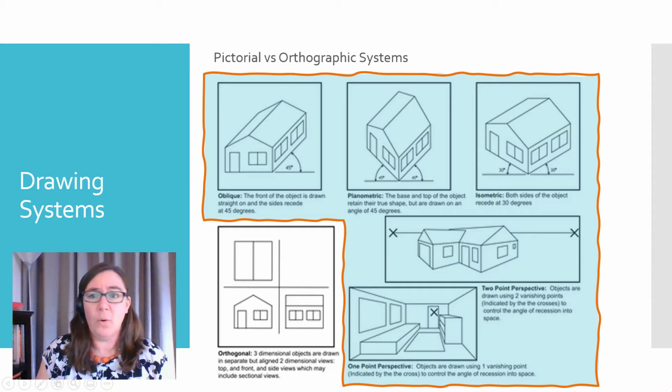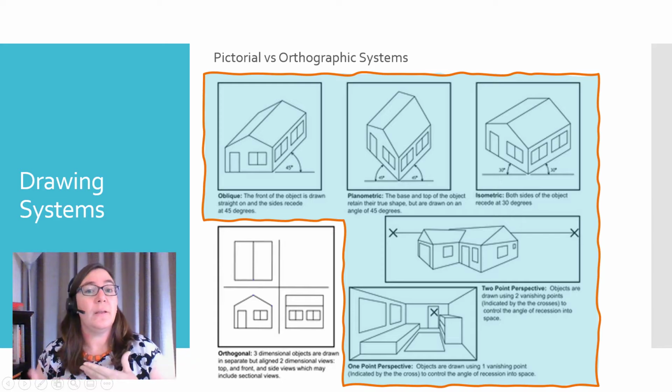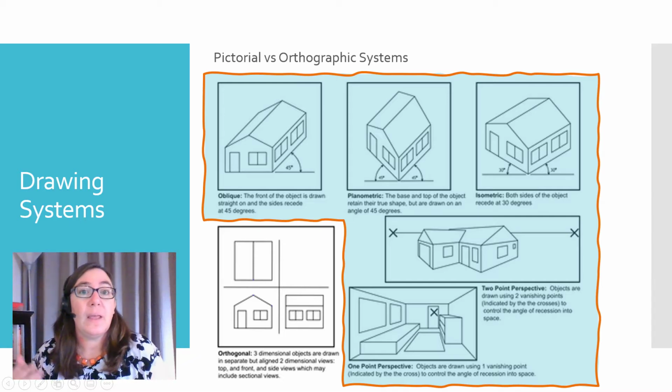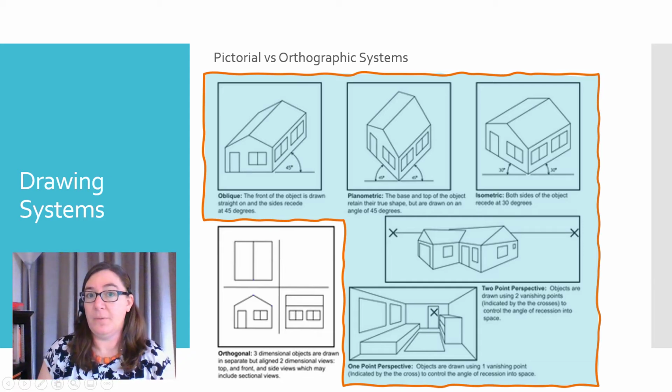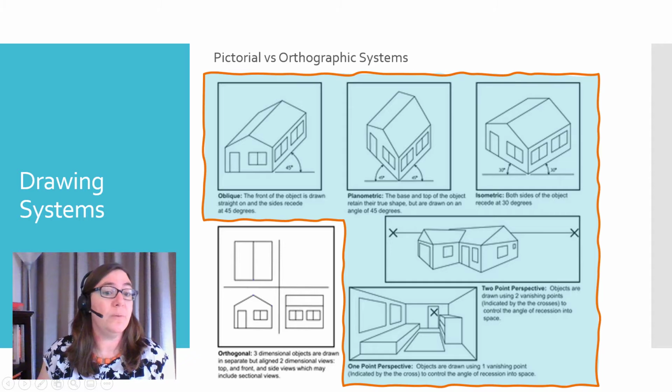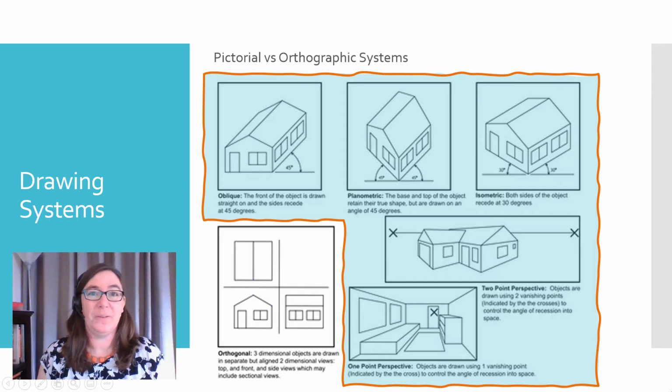They're circled in orange here. You can see that oblique, isometric, perspective views, those are all pictorial views. The only one that's not is the orthographic views. Now, which one do architectural drawings typically use? They use the orthographic views. So let's learn more about that.